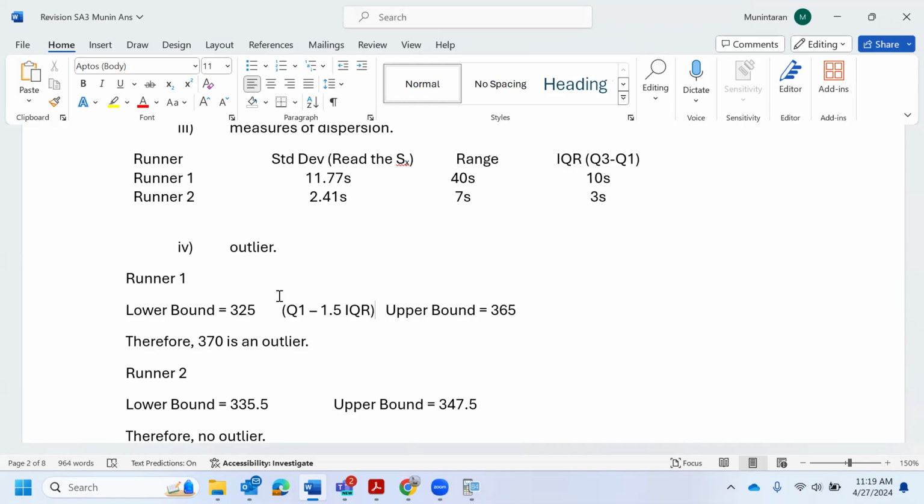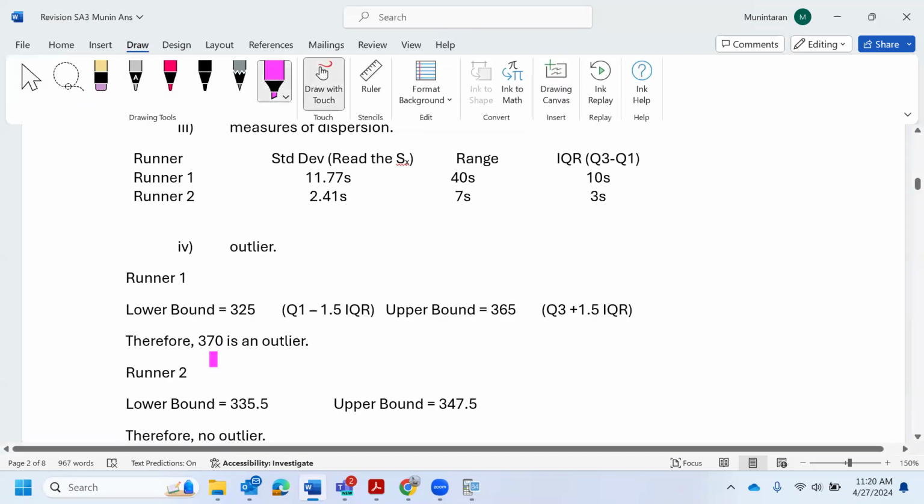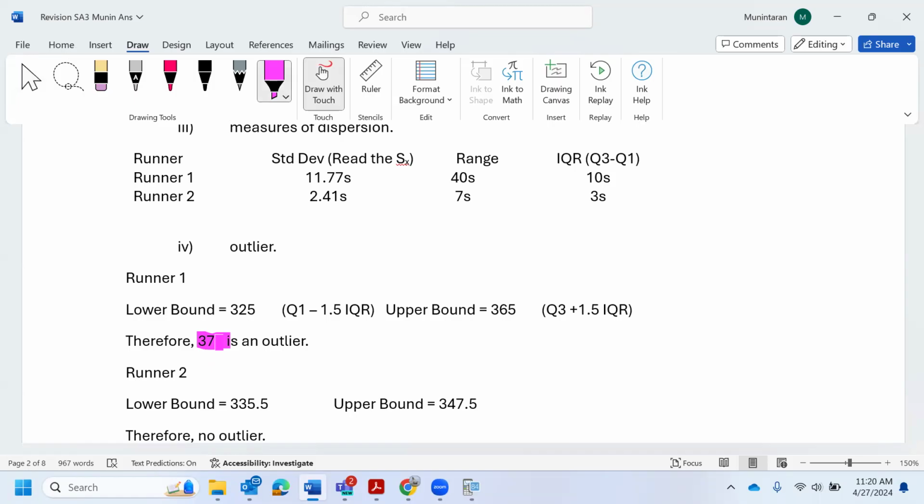And your upper bound is similar, which is your Q3 plus 1.5 times your IQR. Your data should be within the lower bound and upper bound. That means no outlier. So we have 370. So 370 would be your outlier.